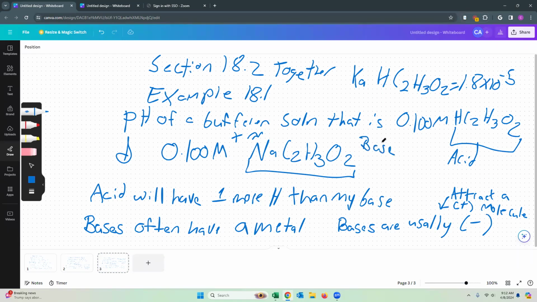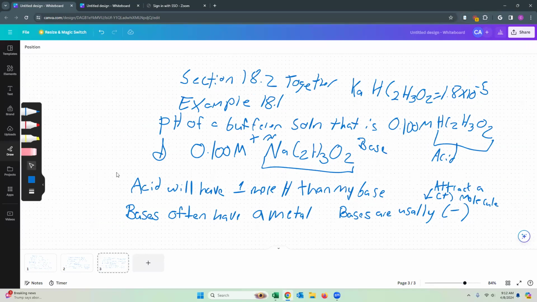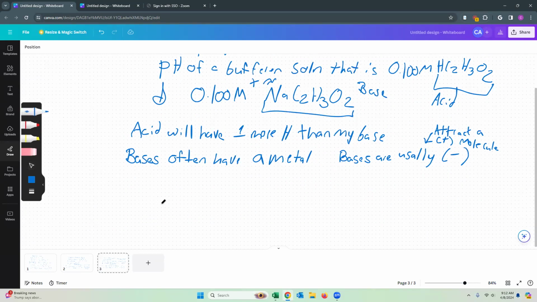And I want to know what is the pH of this solution. So we're going to be using the Henderson-Hasselbalch equation: pH equals pKa plus log of base divided by acid. Our acid is 0.1 and our base is also 0.1, so this is log of 0.1 divided by 0.100.